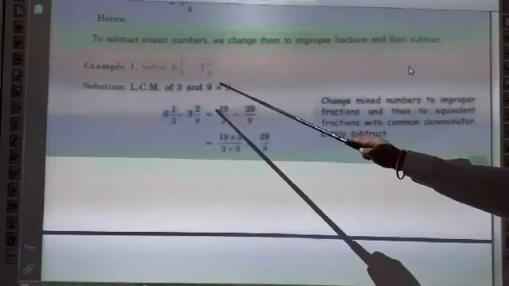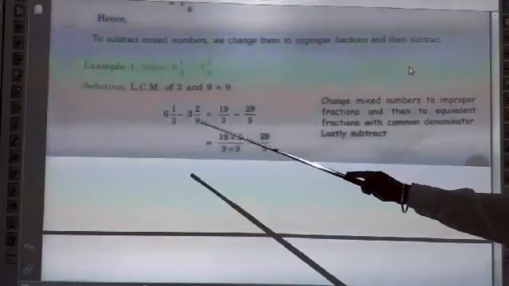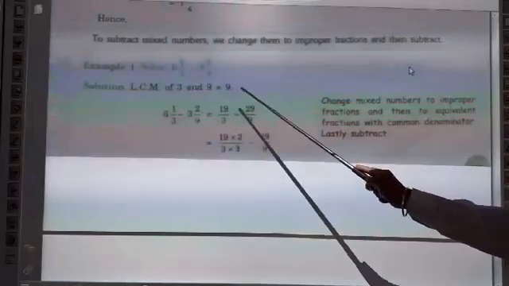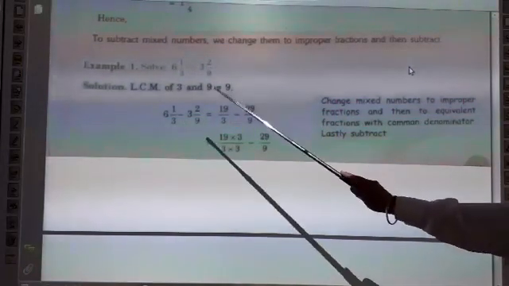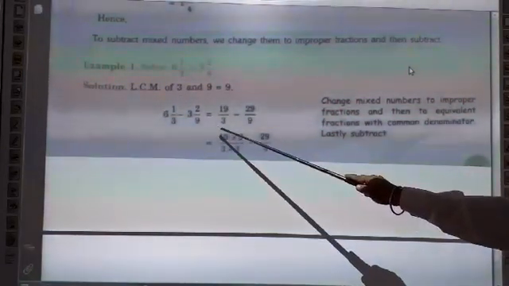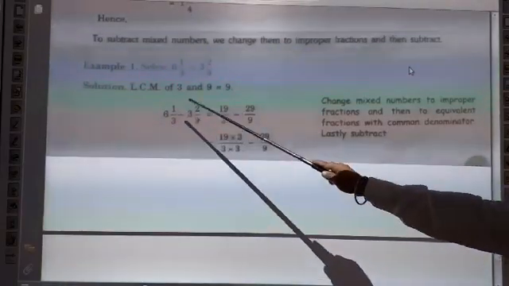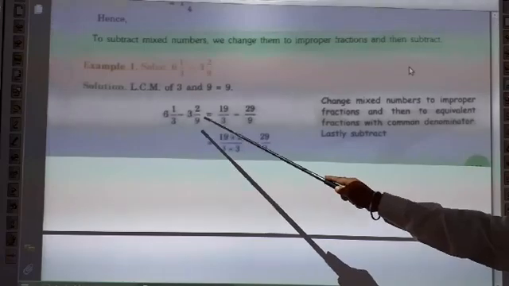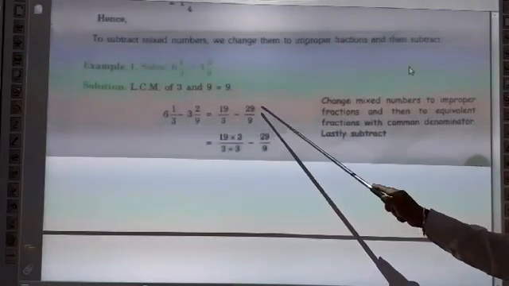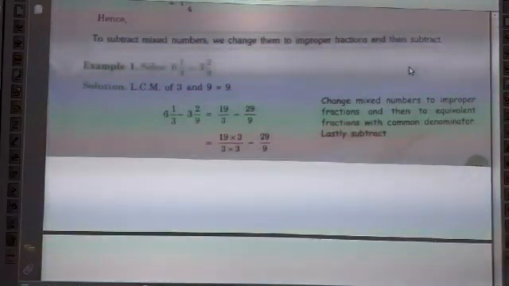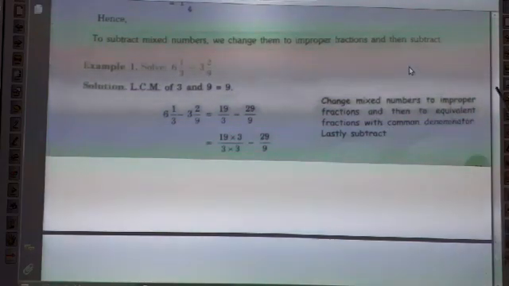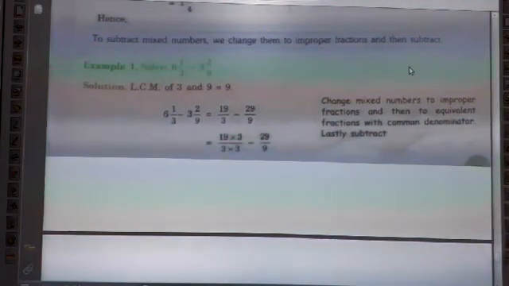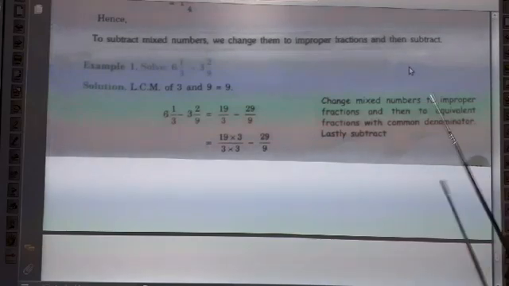Now next example, solve 6 1 by 3 minus 3 2 by 9. LCM of 3 and 9 is equal to 9. 6 1 by 3 minus 3 2 by 9 is equal to 6 3s are 18 plus 1 is 19 upon 3, minus 9 3s are 27 plus 2 is 29 upon 9. Change mixed numbers to improper fractions and then to equivalent fractions with common denominator.